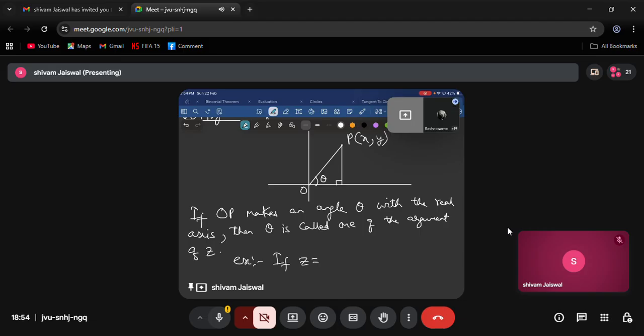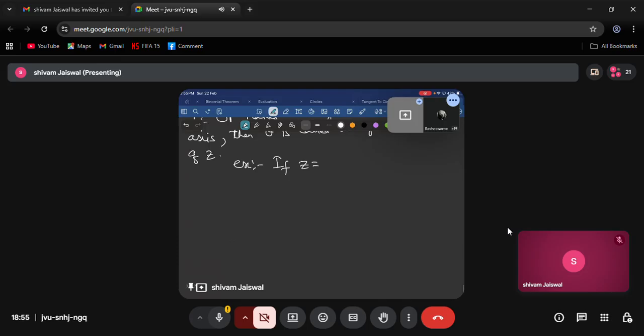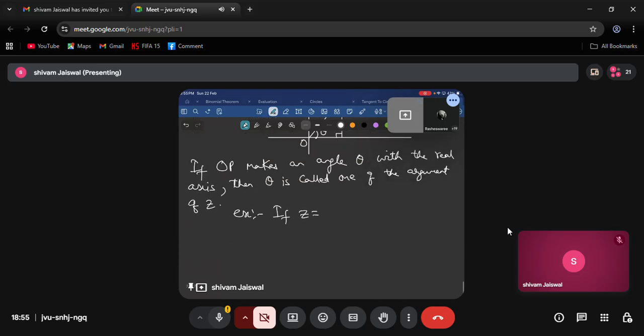Okay. If OP makes an angle theta with the real axis, then theta is called one of the arguments of z.